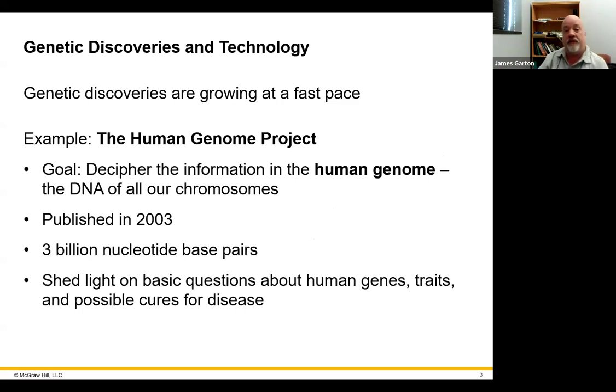Now, genetic discoveries are growing fast. For example, as of early 2025, I don't want to say it became legal, but insurance companies agreed to cover it if you have certain genetic illnesses.